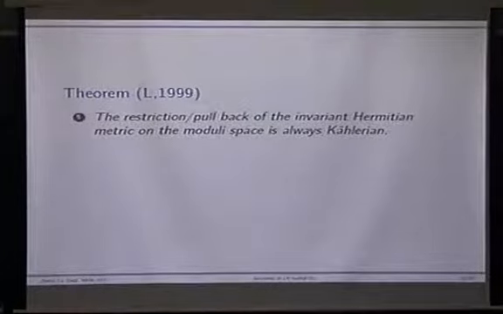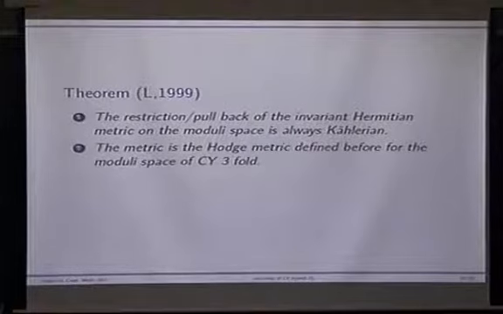So what we can prove is the following. The invariant Hermitian metric on the classifying space is in general not Kähler, but if we pull it back through the Griffiths period map, it has to be Kähler. This is interesting.